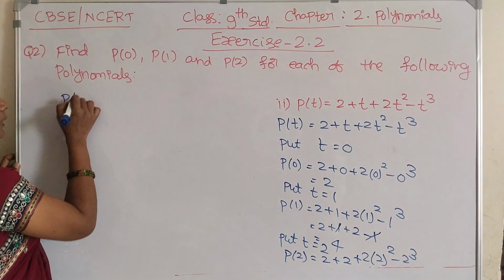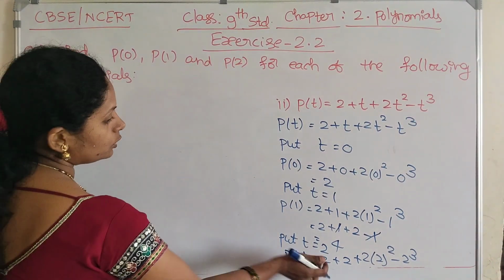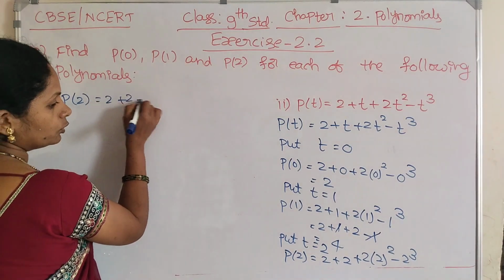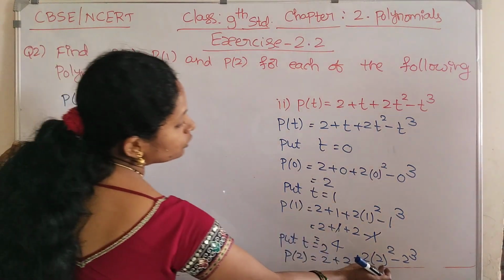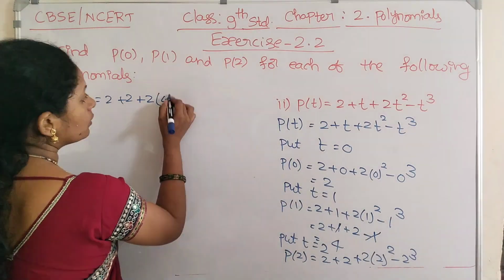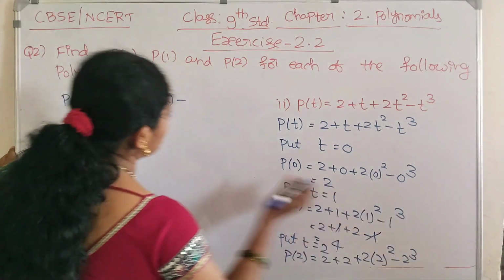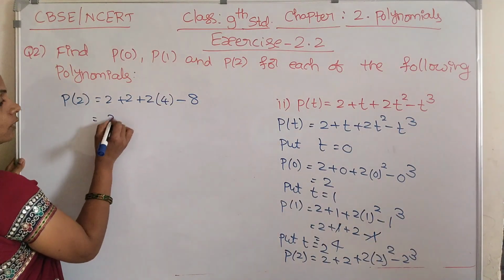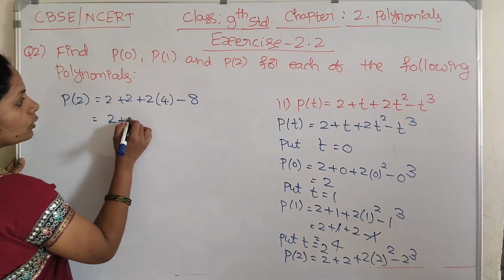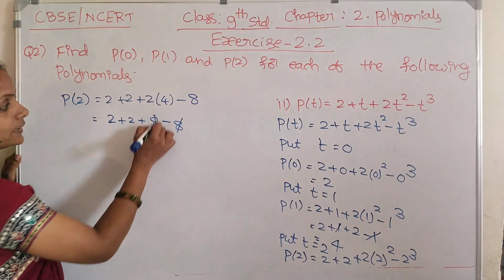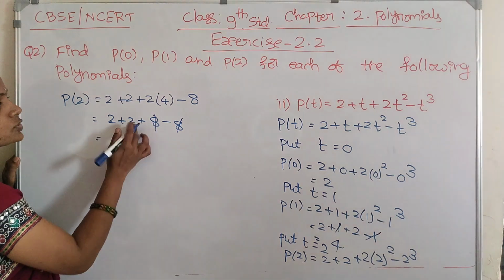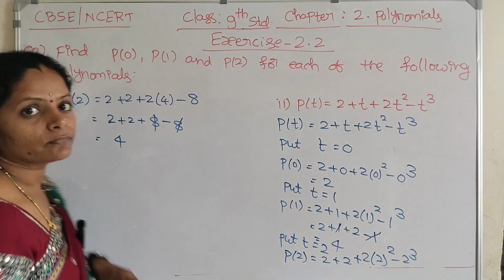P of 2 will be 2 plus 2 plus 2 into 4 minus 8, since 2 square is the 4 and 2 cube is 8. 2 plus 2 plus 2 into 4 is 8, minus 8. Plus 8 and minus 8 will get cancelled. 2 plus 2 is the 4.